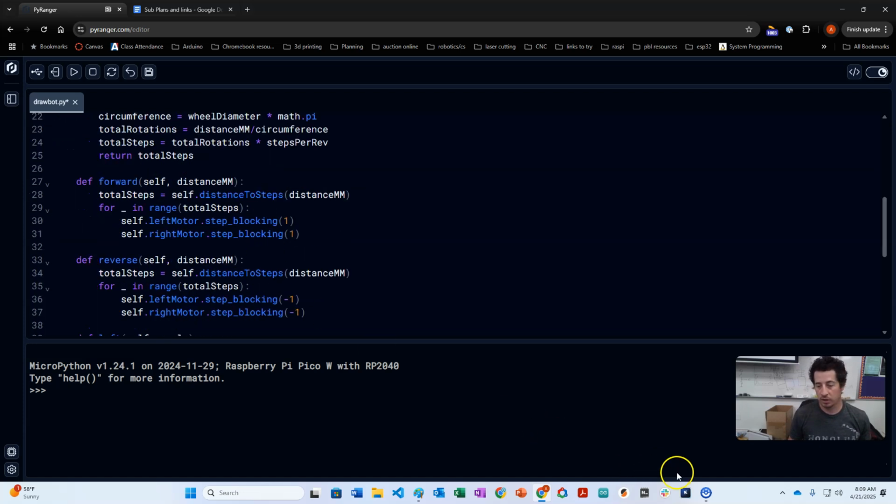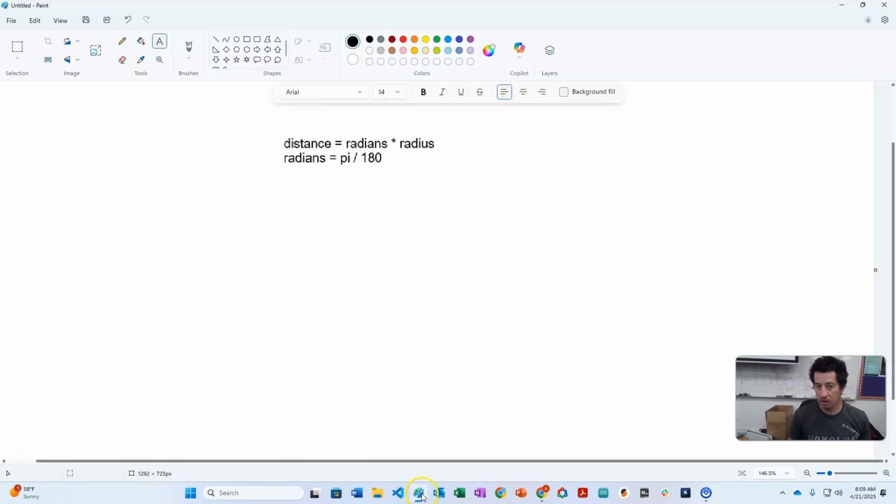Okay, just a little bit of a reminder about how circles work. I've got two formulas here. This one right here is a formula that we use to calculate the distance around a circle based on the number of radians we want to travel. This is a physics formula, and it's one of the main reasons we use radians, because it makes it really easy to calculate distances.